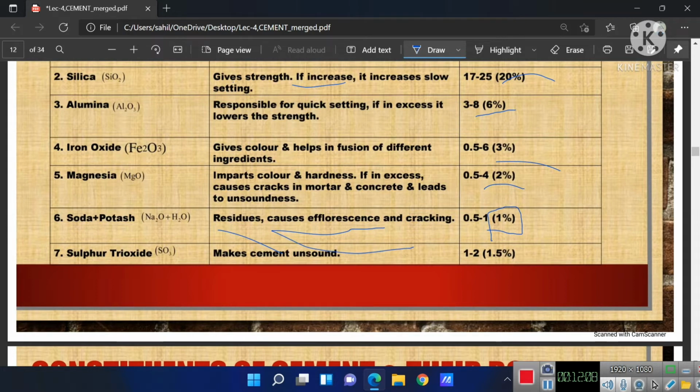Sulfur trioxide makes cement unsound, and mostly it is present in about 1.5%. Unsound means basically that it controls the change in volume in the transition from cement to concrete.